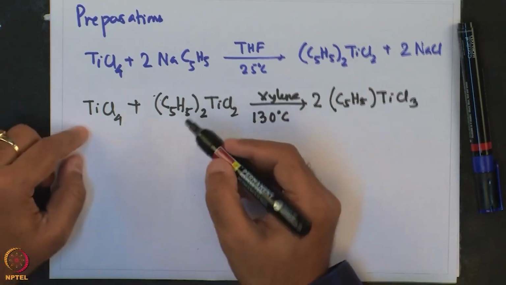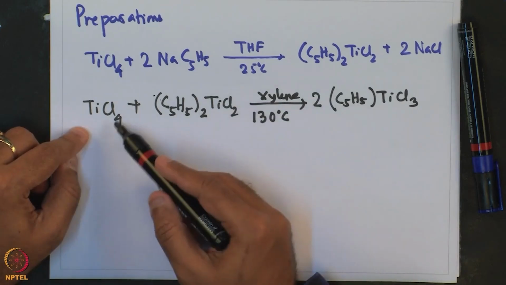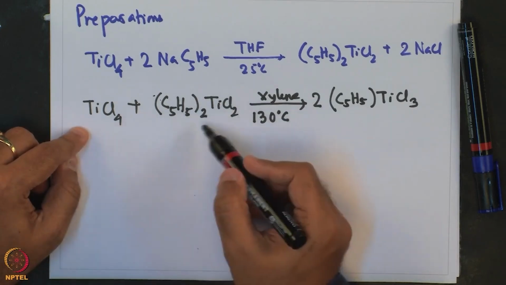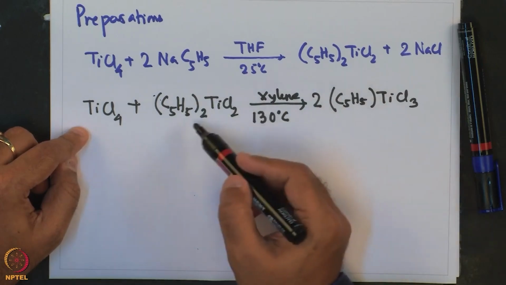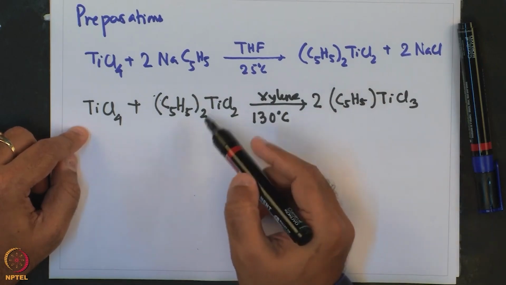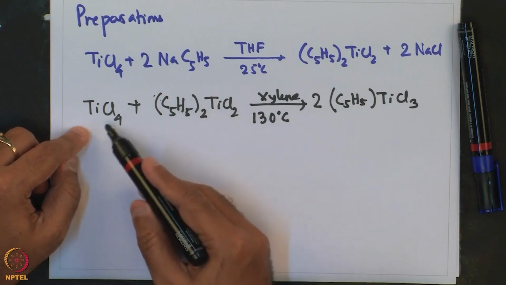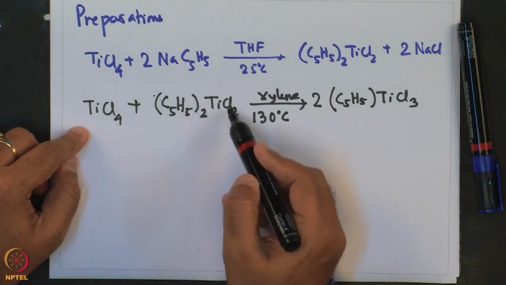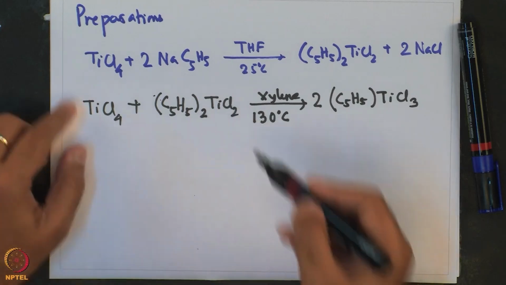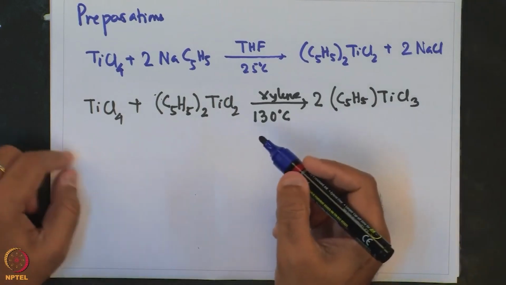So, what we see is that there is a ligand distribution happening between TiCl4 and (C5H5)2TiCl2, such that one of the C5H5 ligands moves over from this molecule onto this, and in return one of the chloride ligands moves over to this molecule. So, this is a ligand exchange reaction happening over here.